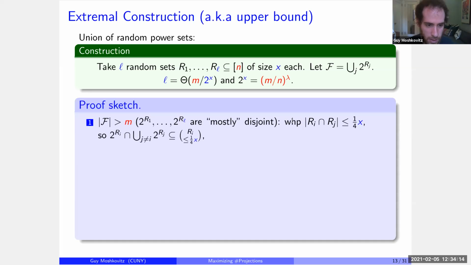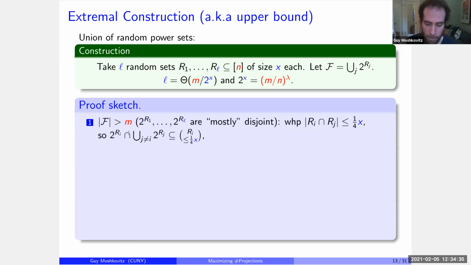That part is easy, but observe the following: the fact that the Ri are mostly disjoint is nice, but we care about their power sets. Does that imply that the power sets are mostly disjoint? I claim that yes, but that requires a cute argument.